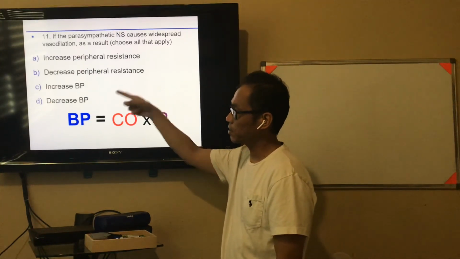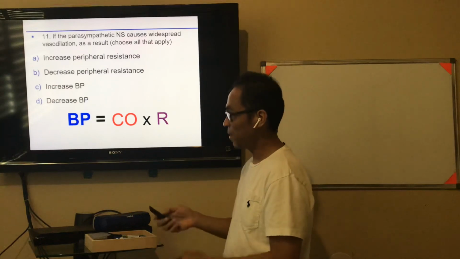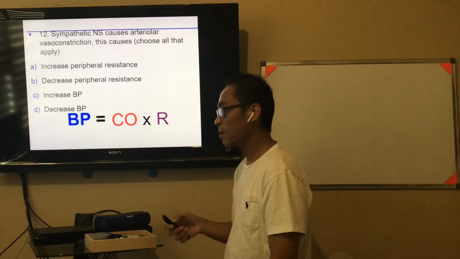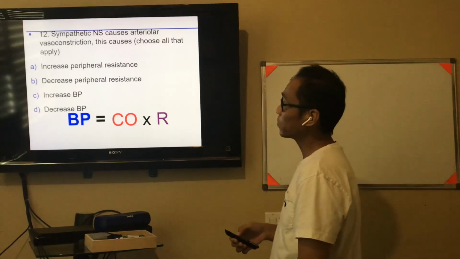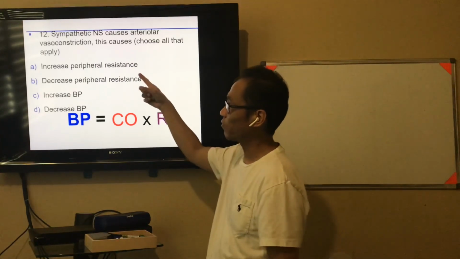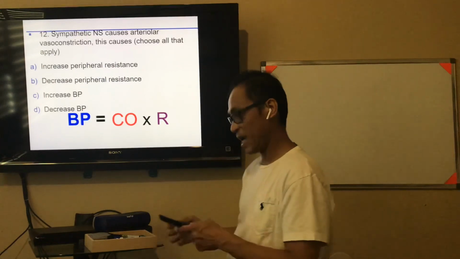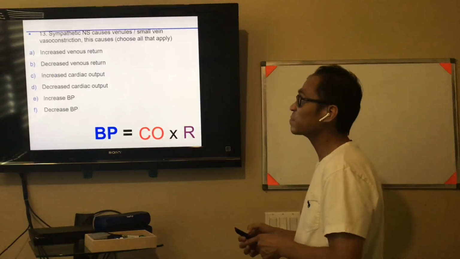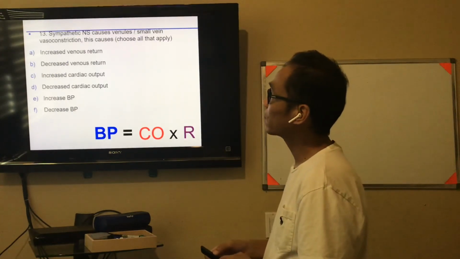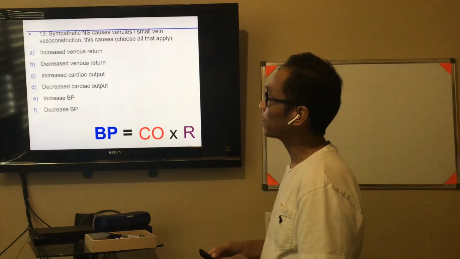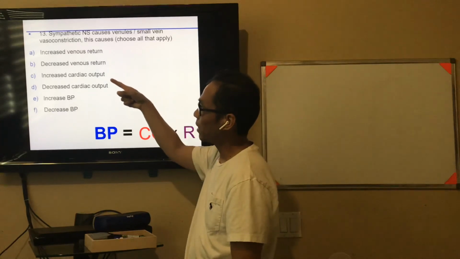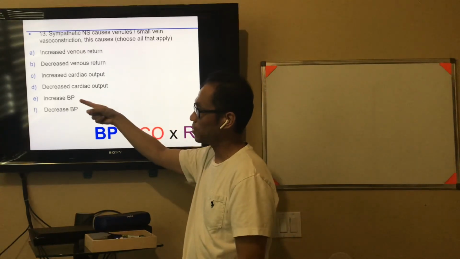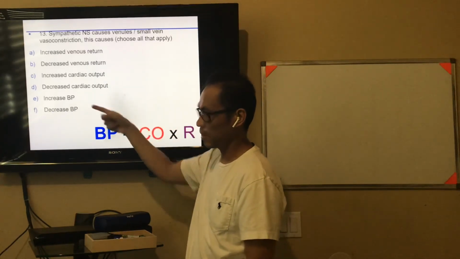Decrease peripheral resistance, decrease blood pressure: B and D. If the sympathetic nervous system causes arteriolar vasoconstriction, this causes increased peripheral resistance, increased BP: A and C. Okay, the sympathetic nervous system in venules and small veins: increased venous return, increased cardiac output, increased BP: A, C, E. Lecture over. Hope you enjoyed it.